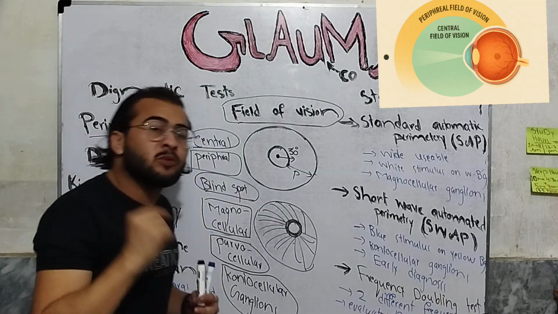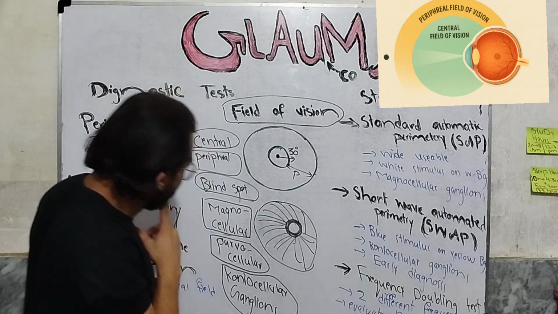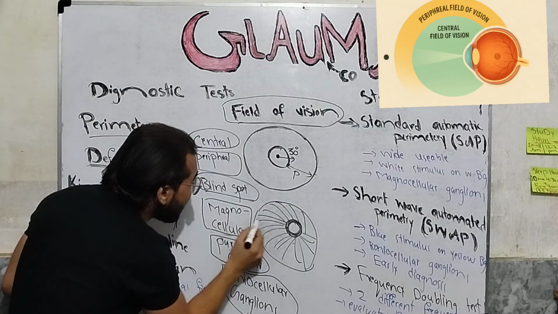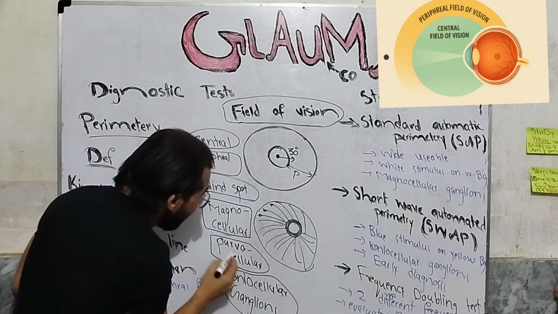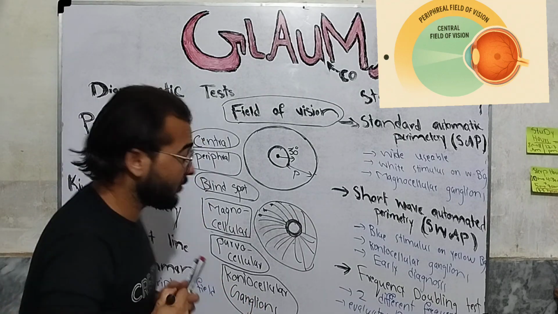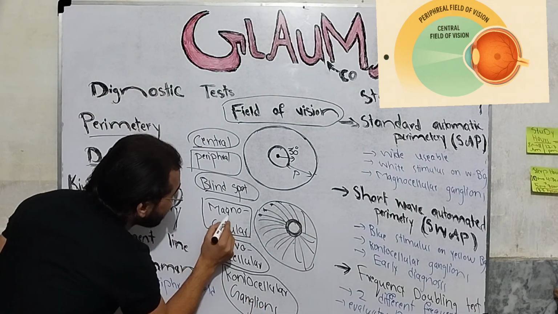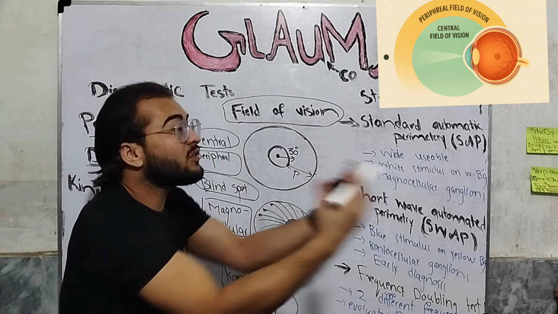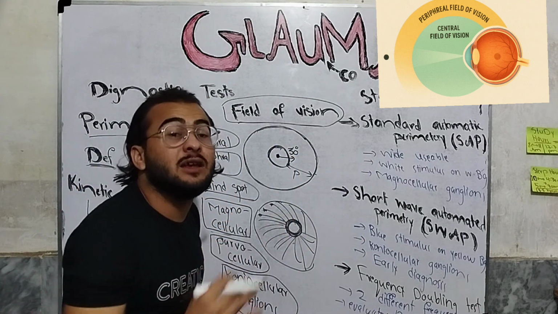Now we have three types of ganglions in the retina: the magnocellular ganglions, the parvocellular ganglions and the koniocellular ganglions. The magnocellular ganglions are for form and shape; they perceive the form and shape of any object.